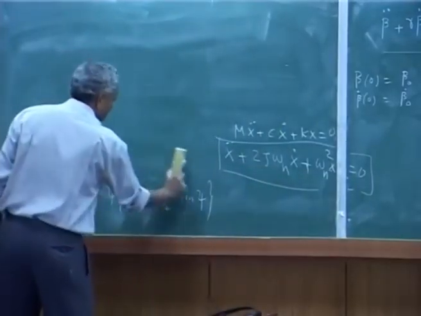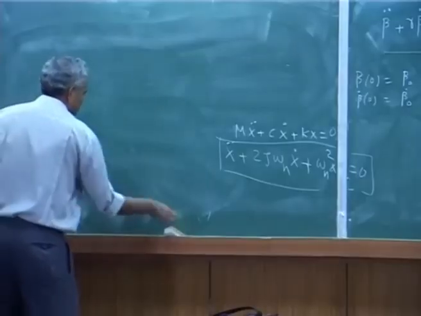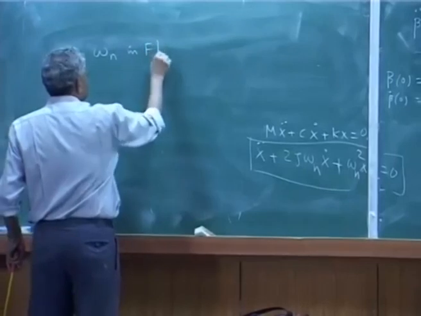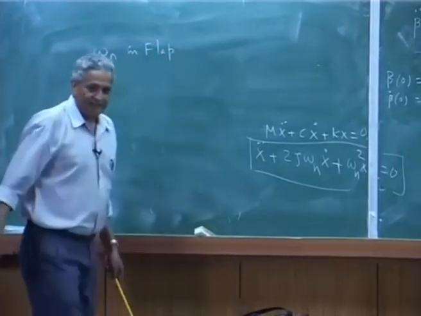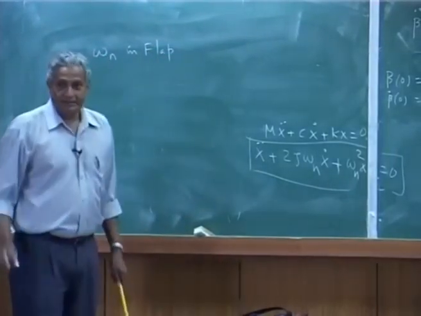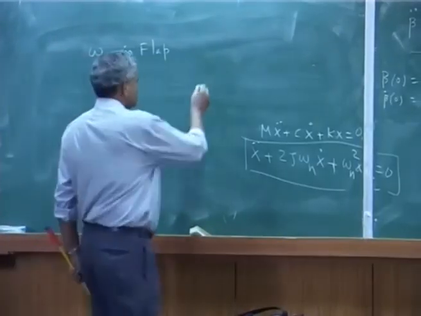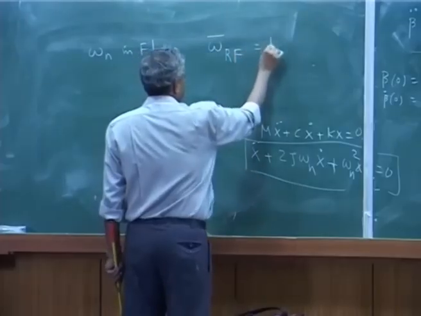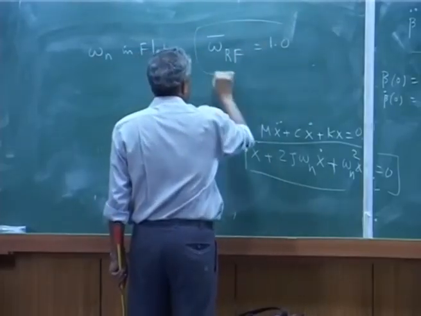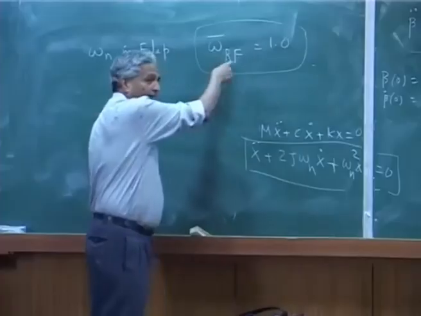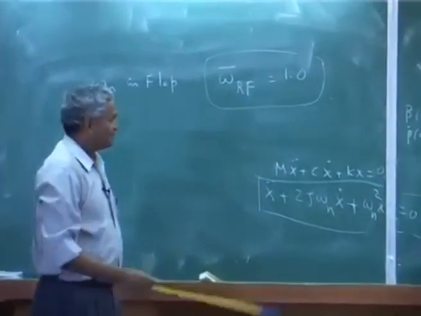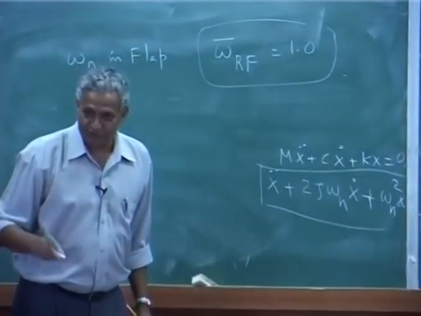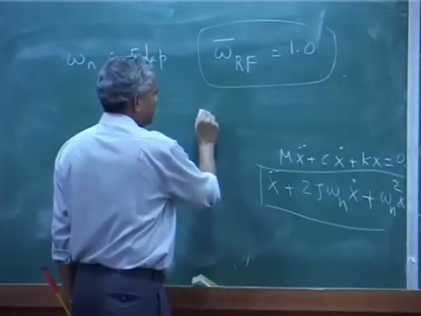Now you look at the damping part. So your omega n in flap, which I am going to call it rather than omega n, the notation I am going to use is omega bar. Bar is because it is non-dimensionalized with respect to omega.